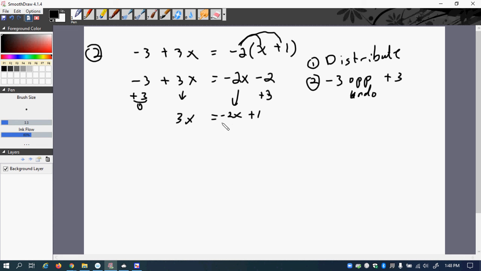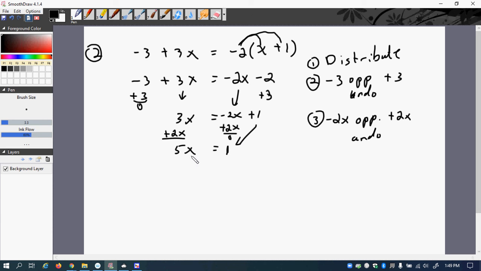Okay. So now we move the negative 2x. That's step 3. So negative 2x, the opposite or undo, is to add 2x. So we add 2x, we add 2x. This gives us 5x equal to, that's 0, so we bring down 1.